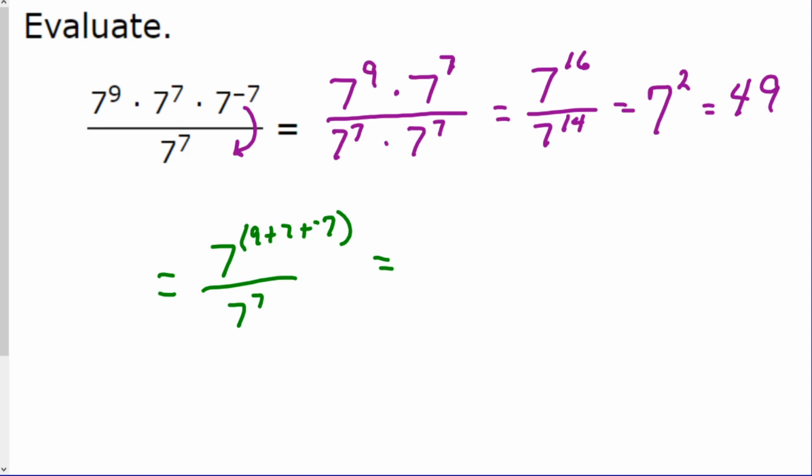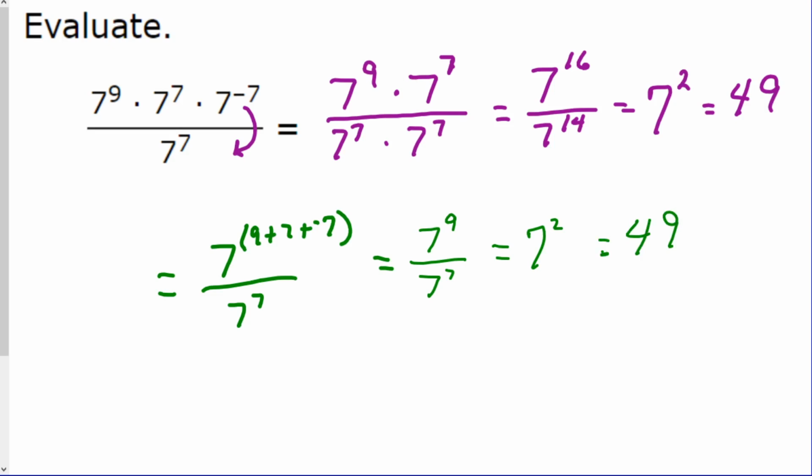All right, so 9 plus 7 is 16, and then plus negative 7 puts us back to 9. Or in other words, this positive 7 and the negative 7 are going to cancel out, and we're left with 7 to the 9th over 7 to the 7th. Subtract exponents. 9 minus 7 is 2. 7 squared. We get 49.